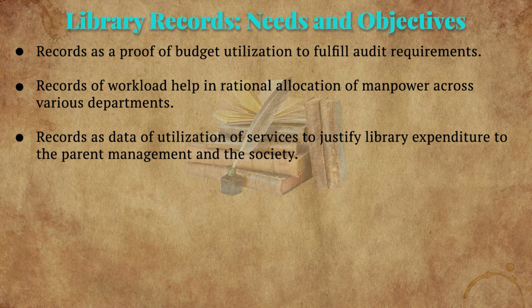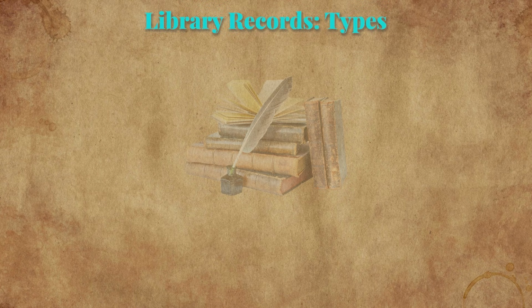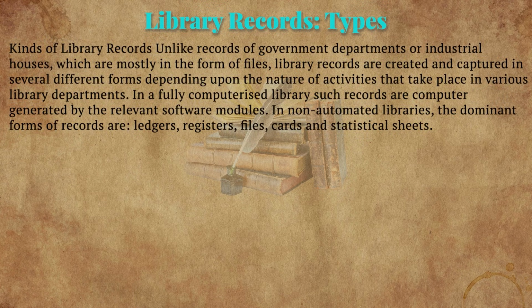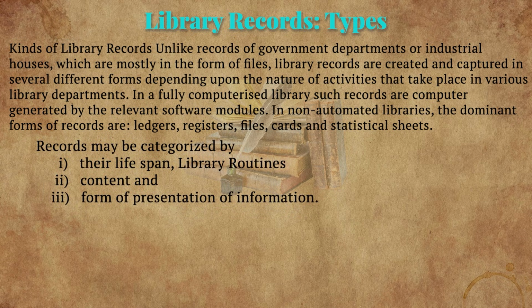Now, we need to know the different types of library records. Basically, library records may be categorized into three different parts based on their lifespan, contents and the form of presentation of information.